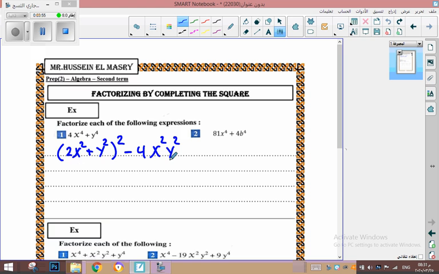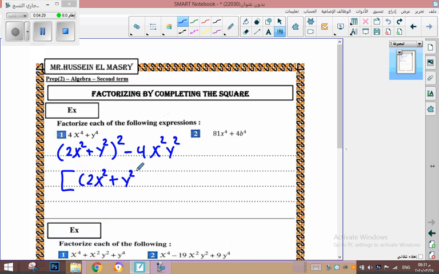After that, I will factorize this expression by the difference of two squares. I have two perfect squares, and the sign between them is negative. Then I will factorize them as a difference of two squares, like that. I will open a bracket. The root of the first term is the same bracket without this power, 2x squared plus y squared.